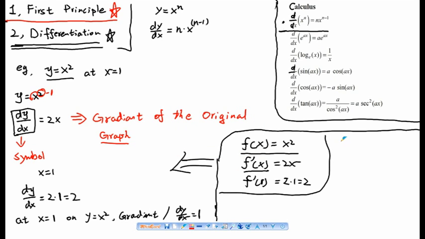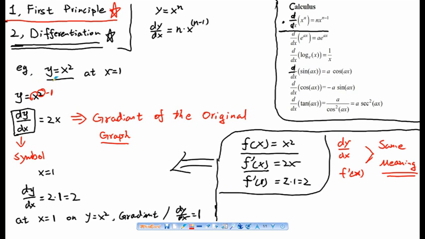So dy dx and f dash x have the same meaning but different symbols. Just don't be confused by that.